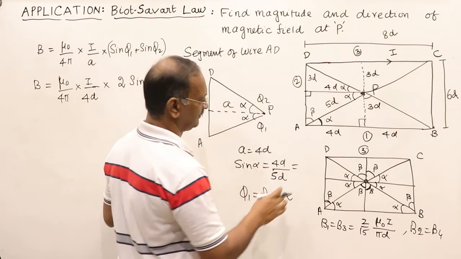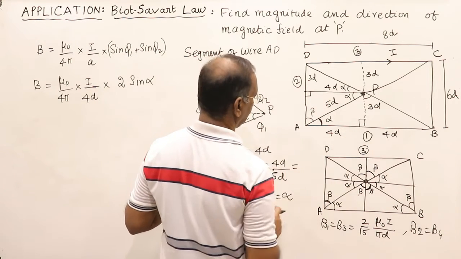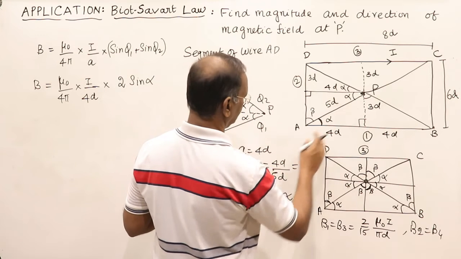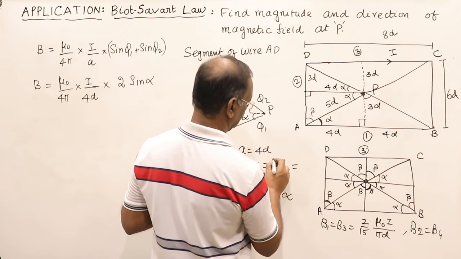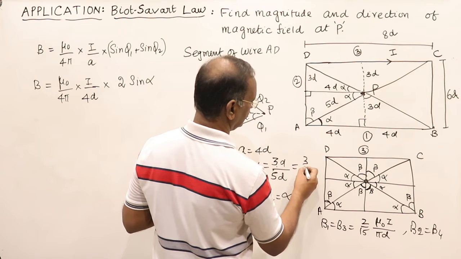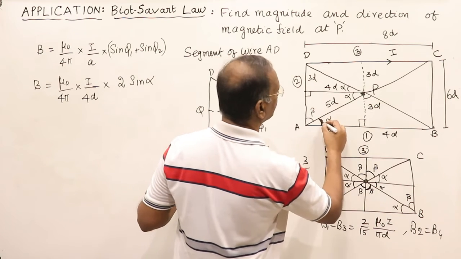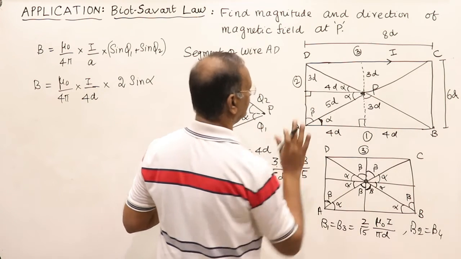Let us confirm: sin alpha is equal to 3 by 5, because from here, sin of this divided by this.